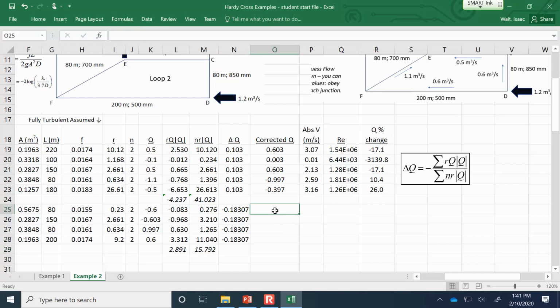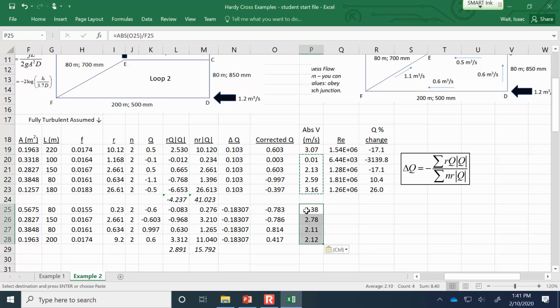Okay, then the corrected Q is your original flow rate in that row plus the delta Q. And then I can highlight the absolute value of the velocity and paste the formulas.